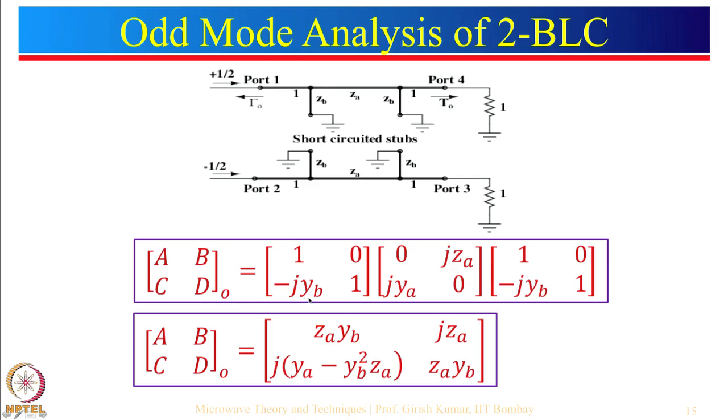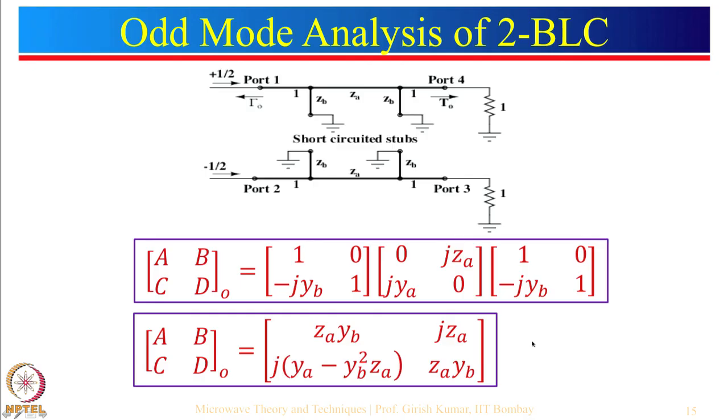This is something similar to minus j by omega L. Again, this is a shunt Y. So, 1, 0, Y1, then this is a transmission line, and then there is a shunt element here. Multiply the three matrices, we get ABCD for odd mode.